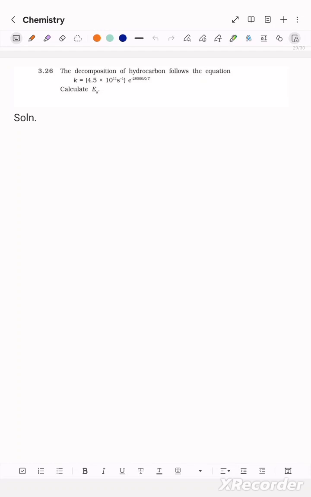First we will write the Arrhenius equation, that is k is equal to A e to the power minus Ea by RT. So this is our Arrhenius equation and we have to calculate the Ea value.